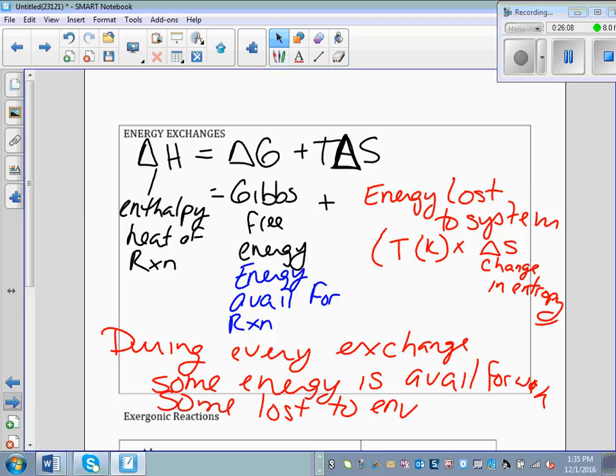Or gained from the environment, either way. So that can be positive or negative. Okay. Does that make sense? Yes or no? No screaming yet?